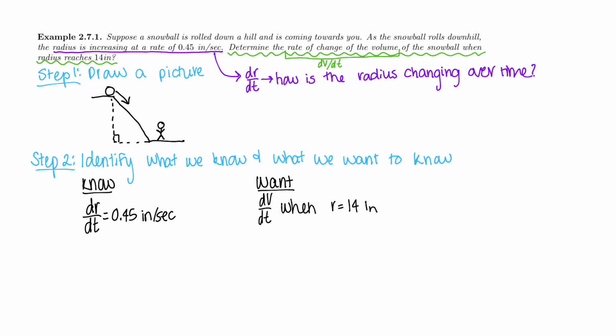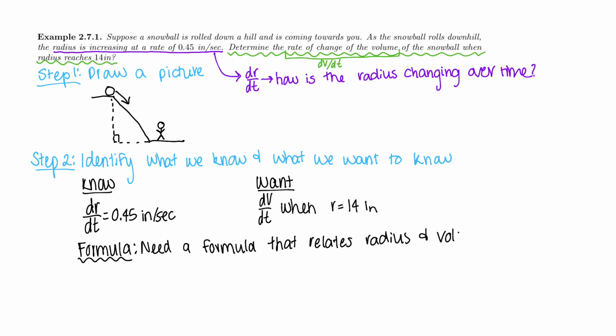When you identify what you know and what you want to know, you need a way to relate the two together. So we need to be able to relate radius and volume, and we need a formula that does that. Radius and volume of a sphere.